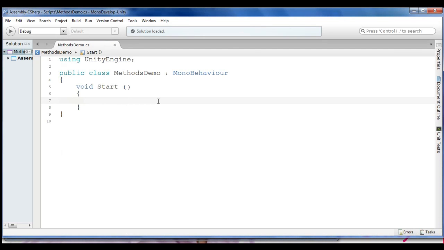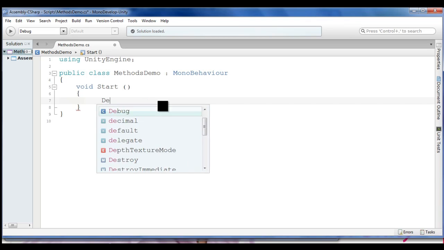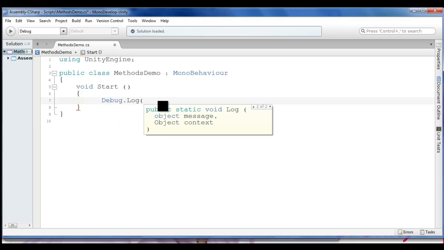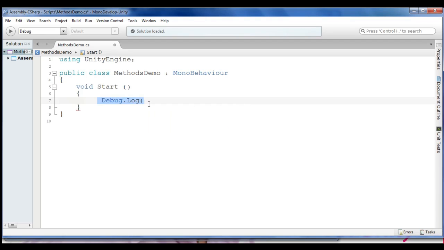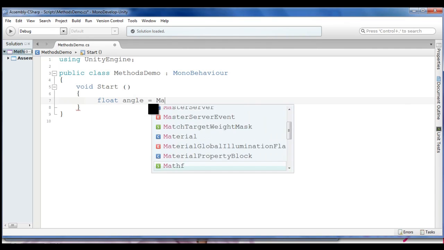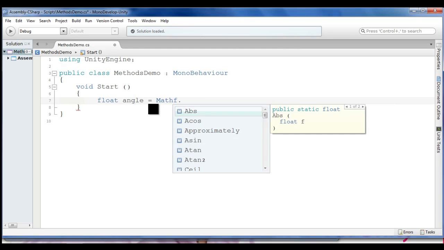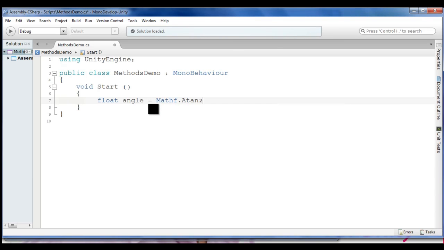Here what I do is, we can directly say Debug.Log. Let's create one float variable called angle. And we are going to get Mathf.Atan2 and we pass the y value first.